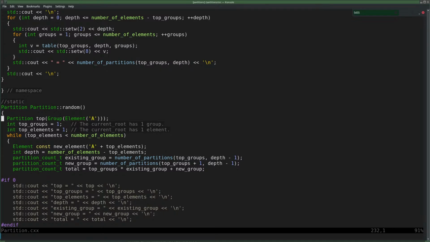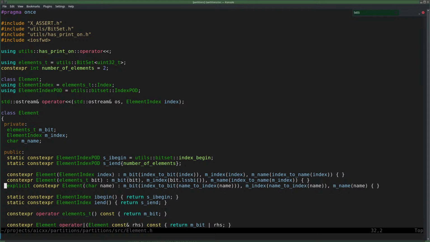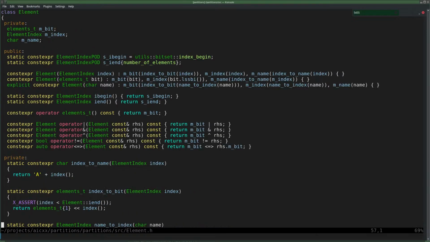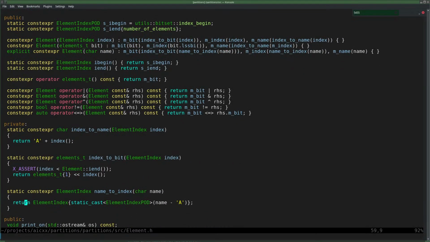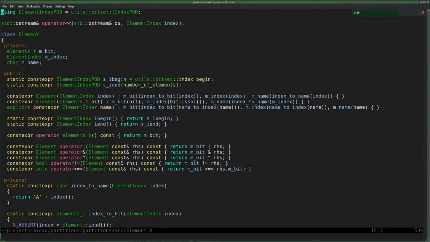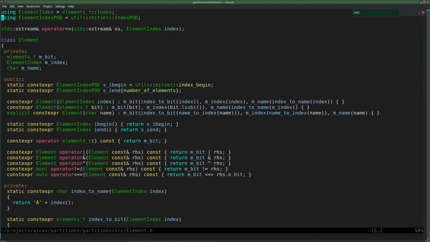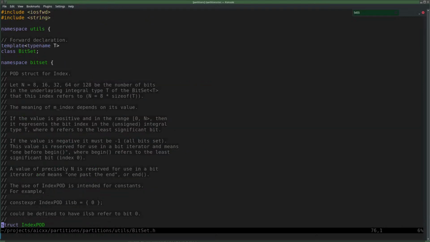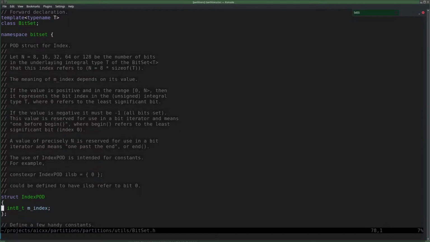Element is explicit char, just as index to bit from name to index. Name to index is name minus 'a', which is 0, cast to an element index POD, which happens to be a bitset. This should end up as a 0.